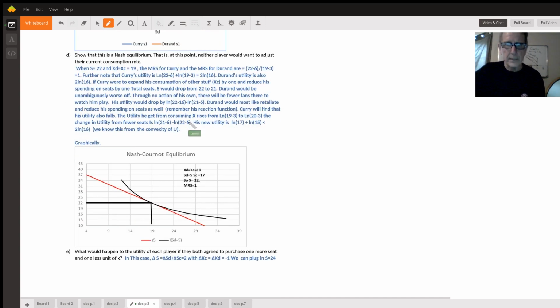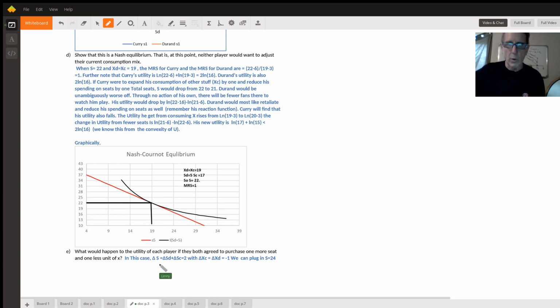To show that this is a Nash-Cournot equilibrium, all we really have to do is show that the indifference curve is tangent to the individual budget constraints, and we see that with X equal to 19 and total S, total number of seats, equal to 22.